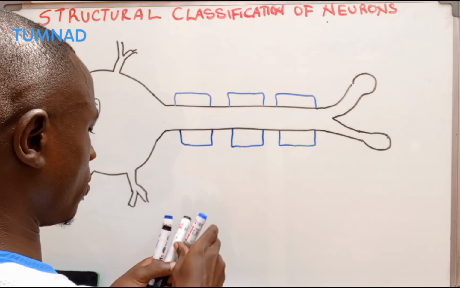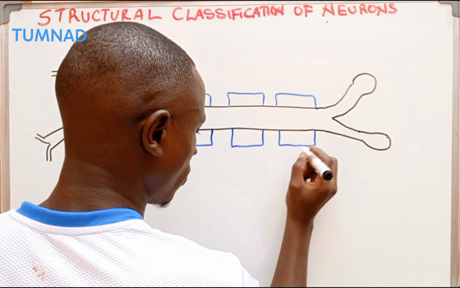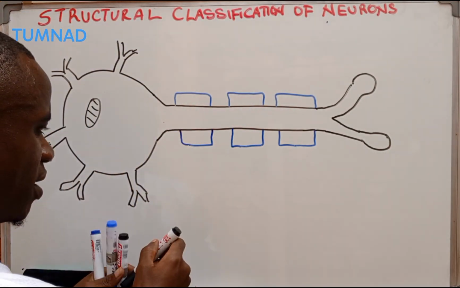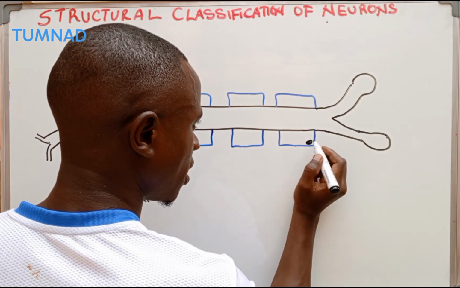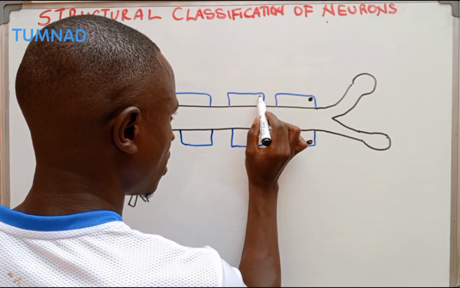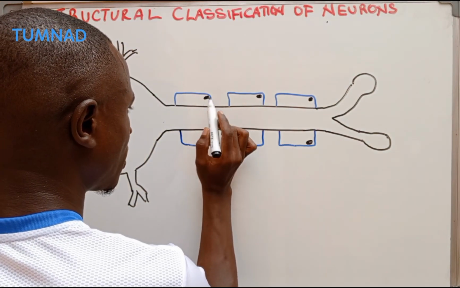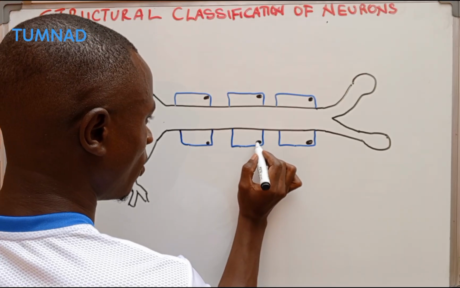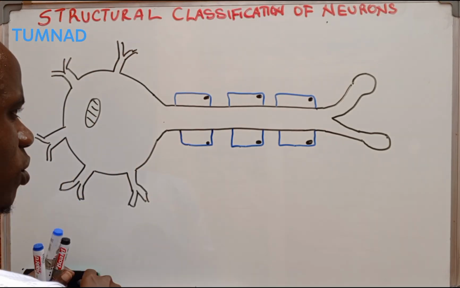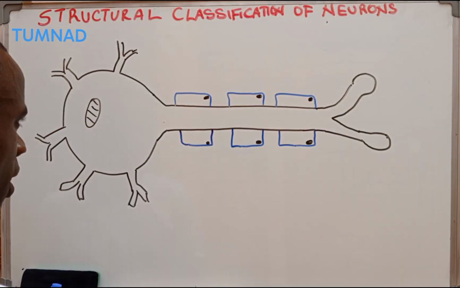And of course we also have to put in the cell that is going to be producing this fatty substance. We have to know this fatty substance, which is going to be wrapping around the axon.